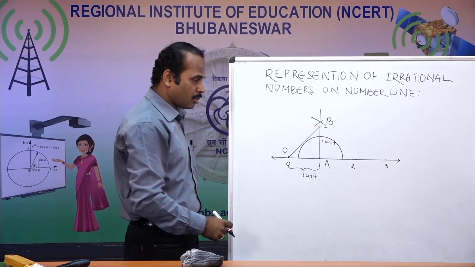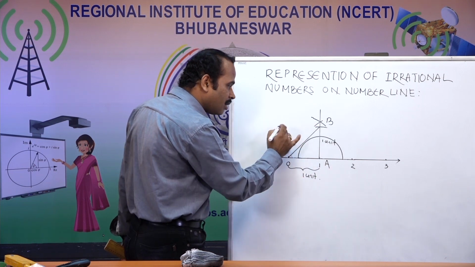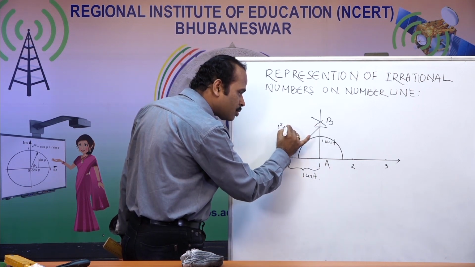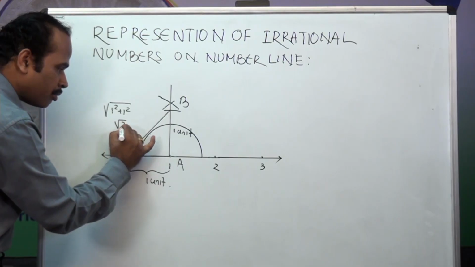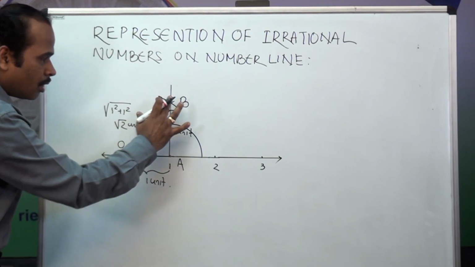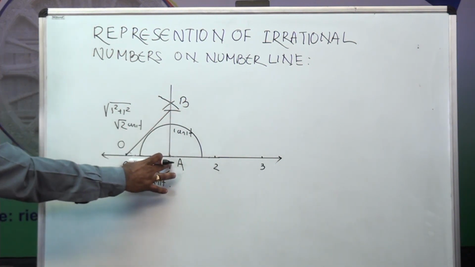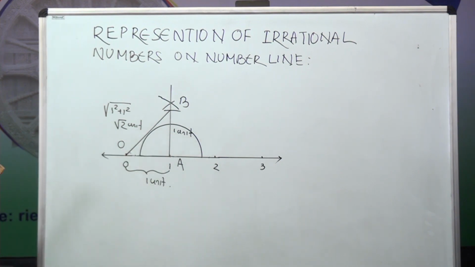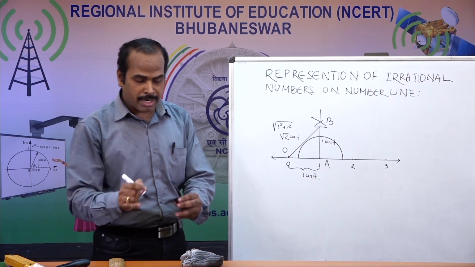By using the Pythagoras theorem, the hypotenuse of this right angle triangle will be the square root of 1 square plus 1 square, which equals root 2 unit. Now this length represents root 2 units if OA is considered 1 unit. So how do we bring this root 2 unit to the number line?